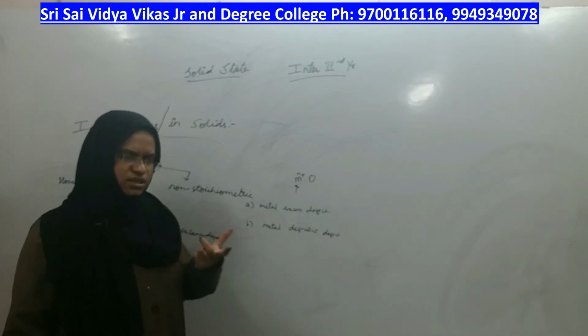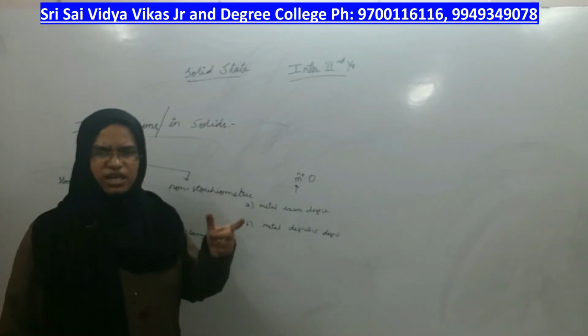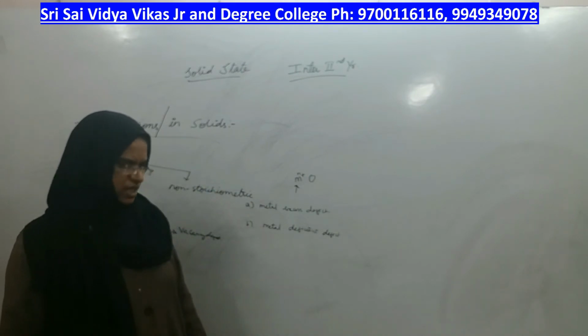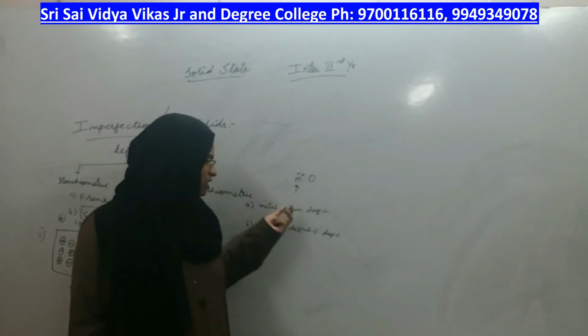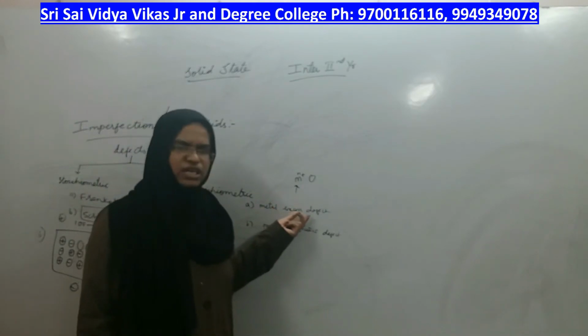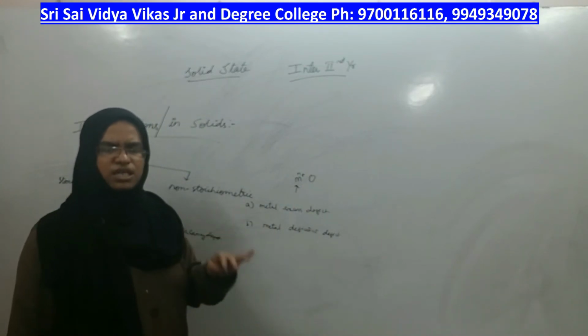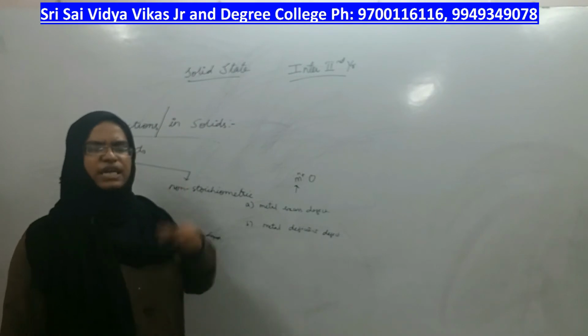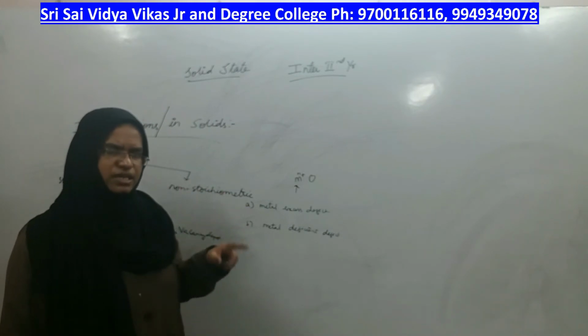In the crystal lattice, cations and anions follow one after the other, right? In the crystal lattice, if cations are coming out of the crystal but anions are not coming out, they are remaining in their places only. Only cations are leaving the crystal, creating a vacancy at the lattice point.